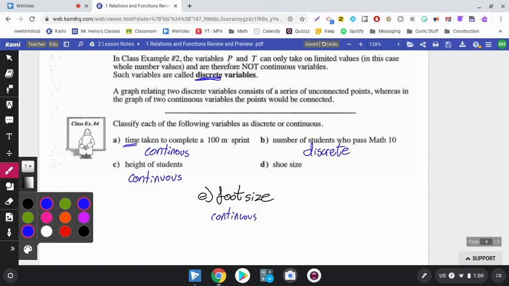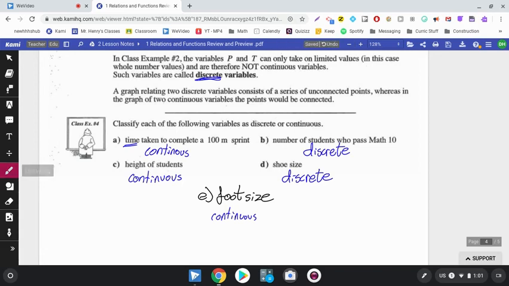But in terms of shoe size, you can only buy 9, 9.5, 10, 10.5, 11, 11.5, 12, or whatever, right? I can't go out and say, hey, I'd like a 10.75 shoe size, or a 12.3 shoe size. There are very specific ones that you can have. So shoe size would actually be discrete, but foot size would be continuous. So that's kind of an interesting one.